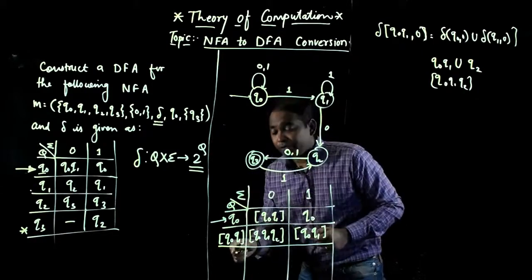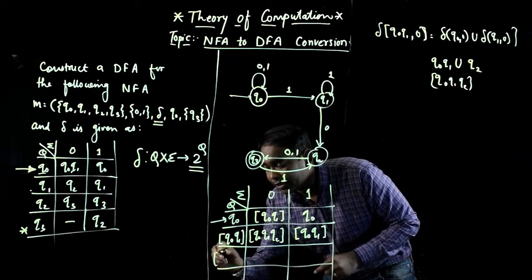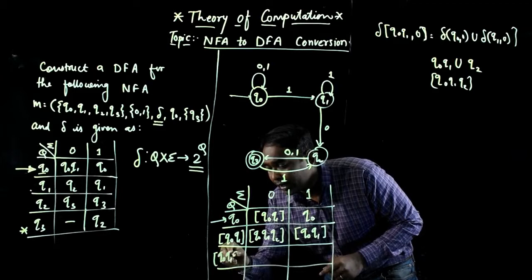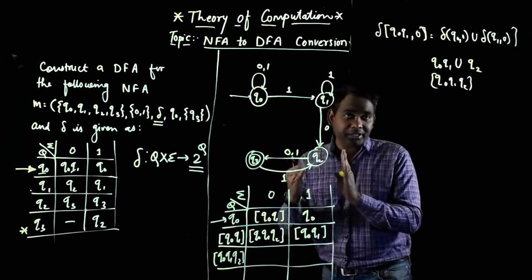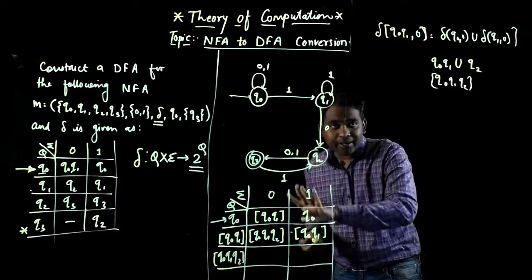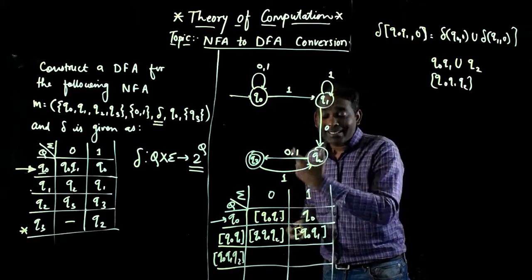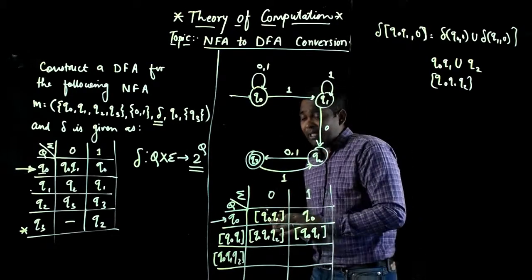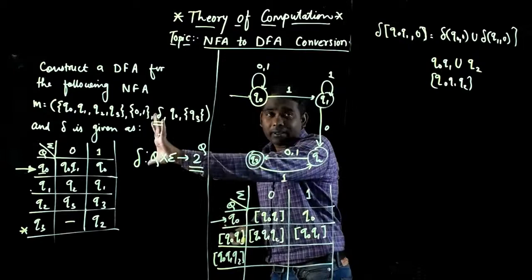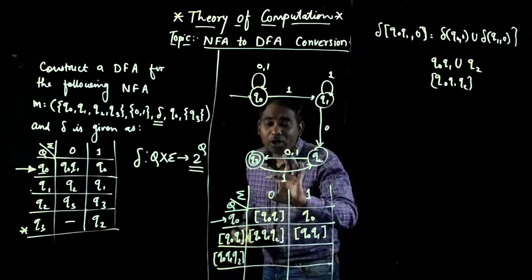It is a combination of three states, but in a DFA table we consider it as a single state. Again we follow the same thing: we refer to the NFA transition table and find the transition on 0.